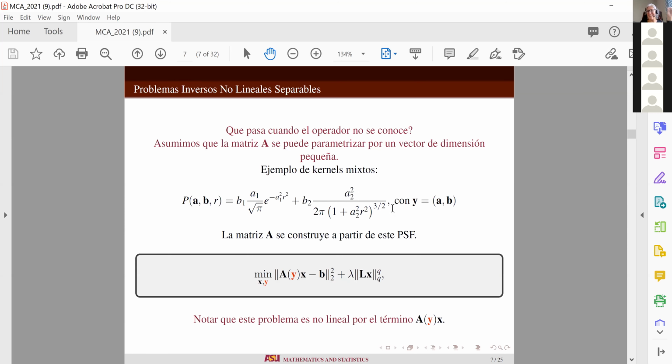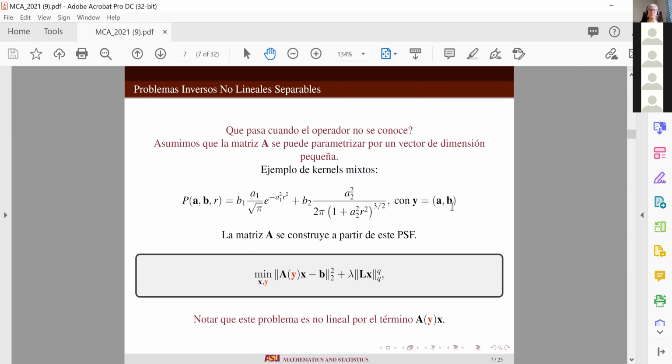Okay, so we are going to assume that it has a certain form, and we need to find certain parameters. This is really the kernel in the convolution, or the 1D point spread function. So we are going to assume that the matrix A can be parameterized, because whatever we put in the matrix A will depend on this function, and this function depends on the parameters.